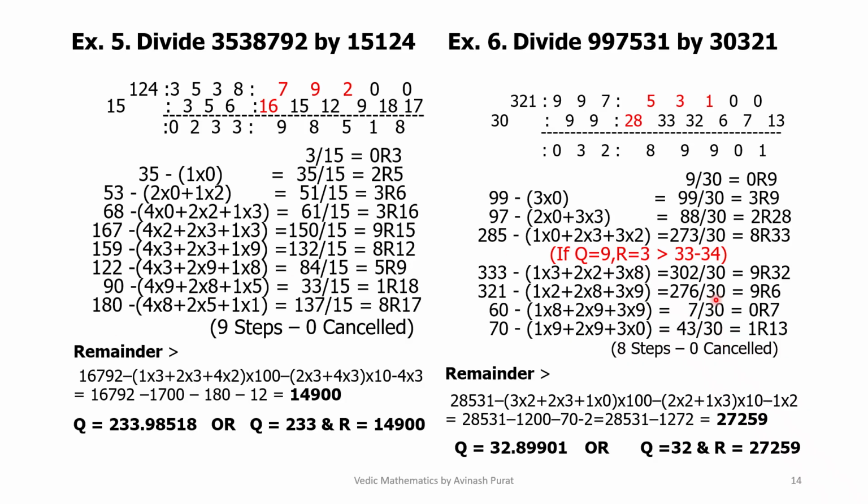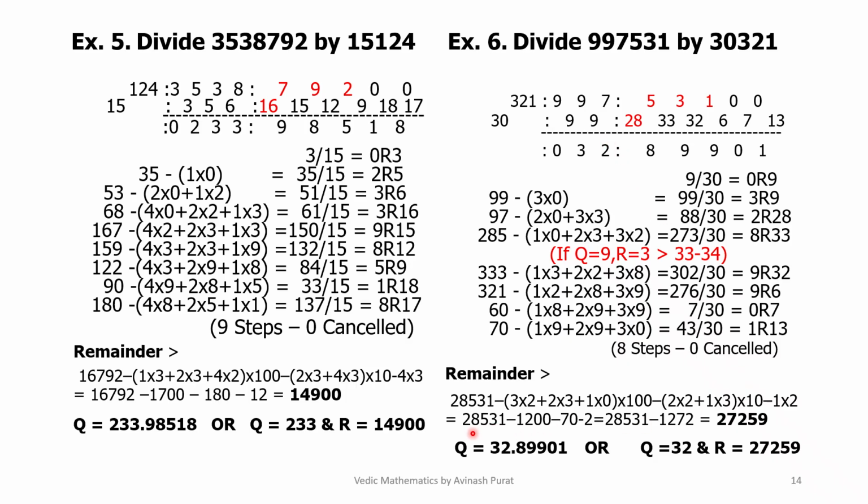So 8 steps are involved here, no cancellation. Remainder is 28531 minus (3 into 2 plus 2 into 3 plus 1 into 0) multiplied by 100 minus (2 into 2 plus 1 into 3) multiplied by 10 minus 1 into 2.